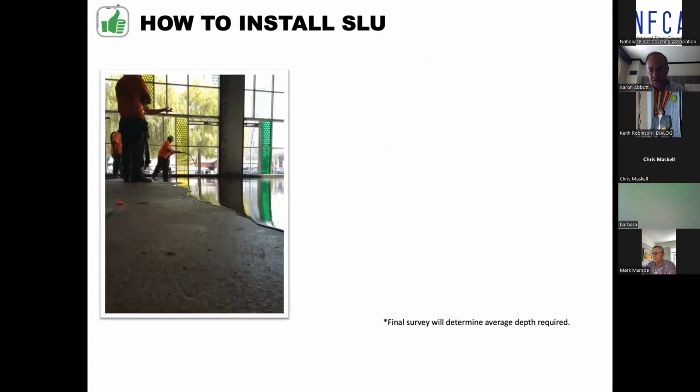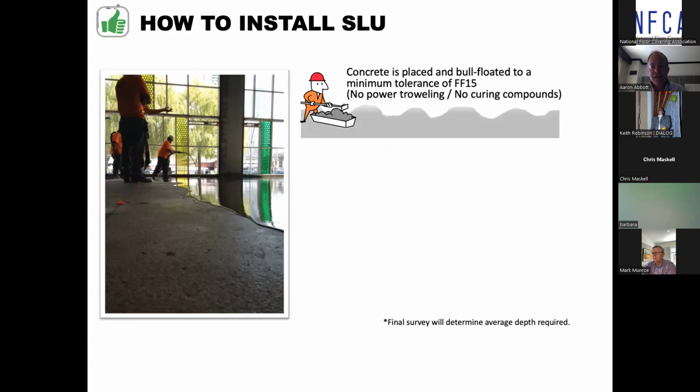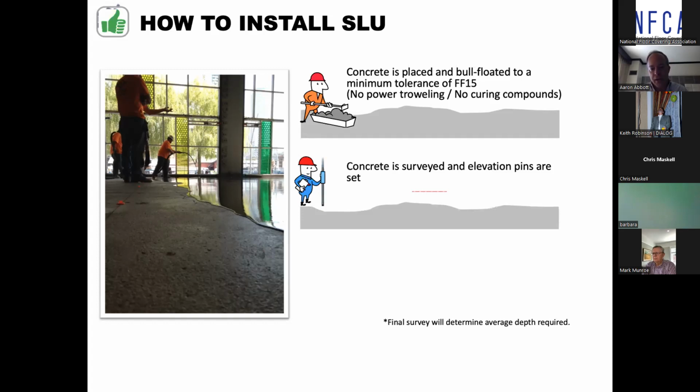Again, this is self-leveling 101 stuff, but how do you install self-leveling? Just a little refresher. In this proactive way, we would place the concrete in a new construction project, bull float it maybe to something like an FF of 15, hopefully eliminate some power troweling and avoid curing compounds, because we're then going to survey this slab that's just been placed and bull floated.